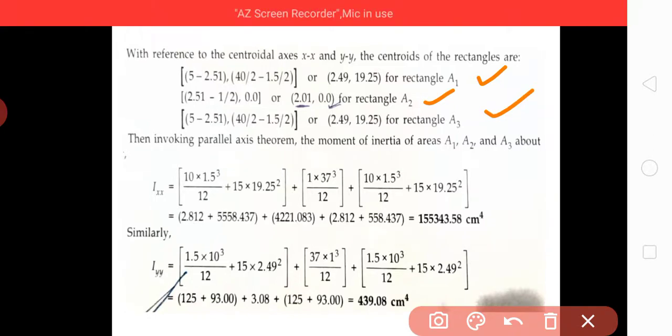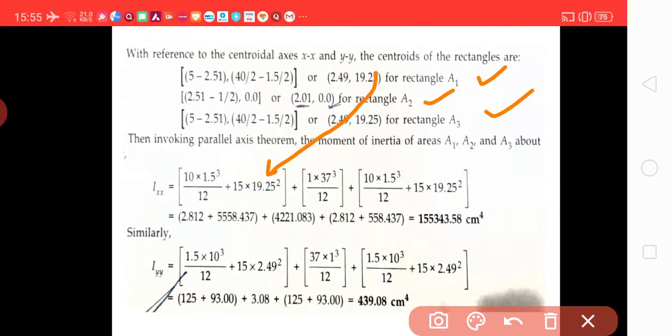Invoking the parallel axis theorem, the moment of inertia of areas A1, A2 and A3 about the centroidal axis is found out like this. That is Ixx equals 10 into 1.5 cube by 12 plus, by applying the parallel axis theorem, 15 is the area into 19.25 square.